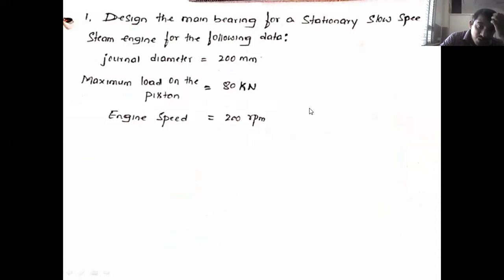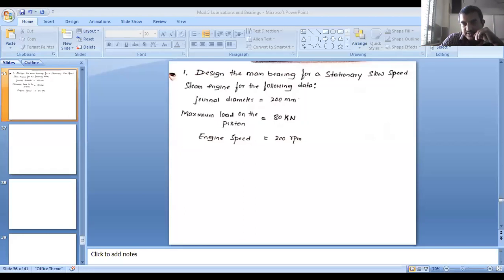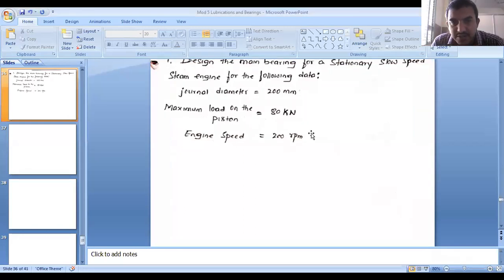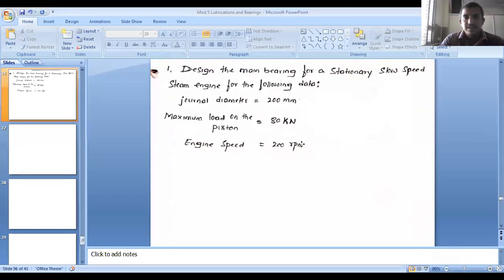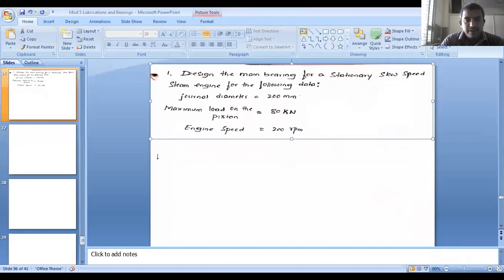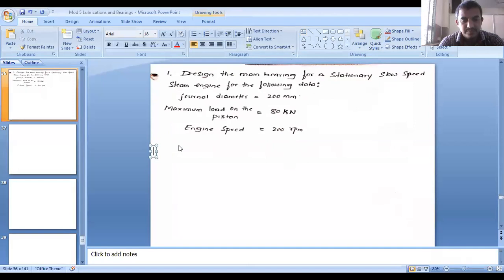The maximum load on the piston is 80 kilonewton and engine speed is 200 rpm. Read the problem once or twice. After that, write the given data. So what are the given data?